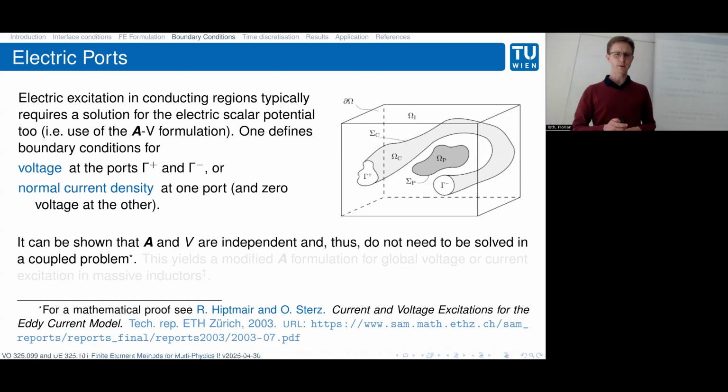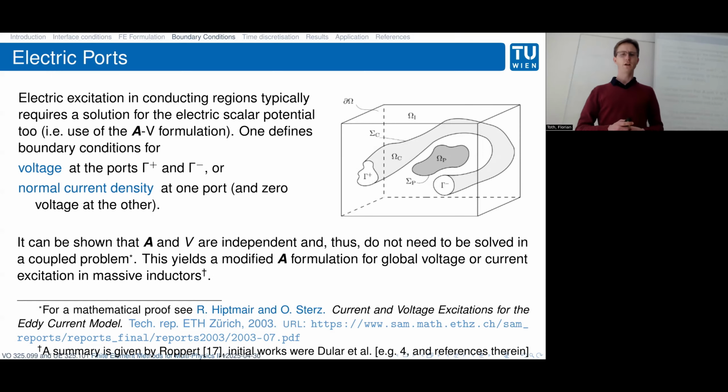You can look it up if you're interested. A bit of a summary of this modified A formulation is given in the PhD thesis of Klaus Roppert, and there are extensive works of Patrick Dulard on this type of formulations if you're interested in detail. In the following, I will just introduce how this formulation looks then in the end.